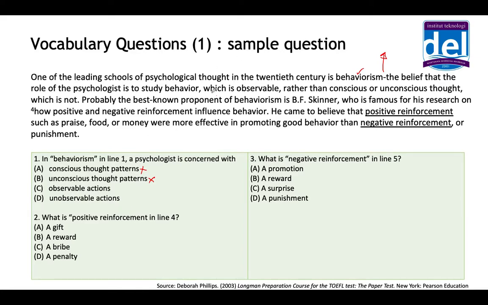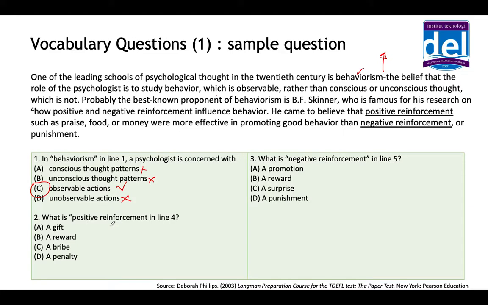Again, the statement says that the psychologist is concerned with the observable one, so the answer is C. D is the opposite of C, so this is the wrong answer. So again, we can learn that the meaning of the structural clue is very important to determine the meaning of the difficult word.